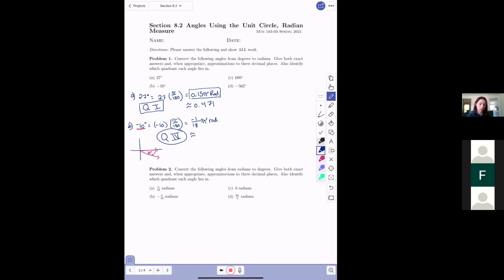Did someone plug this in your calculator and can you tell me what it's about equal to to 3 decimal places?